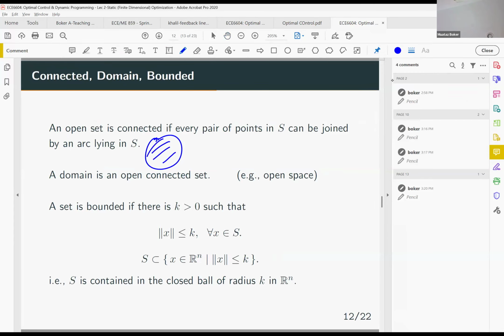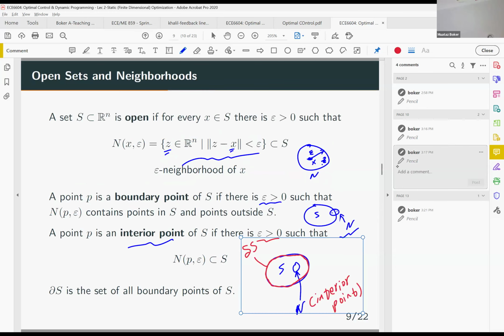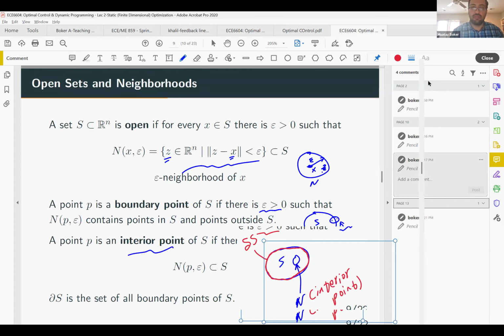Any point can be connected to any other point. If we have a donut, this is a connected set. We can connect any point by an arc. Also, if you have this shape, this is also connected. So a connected set is a set where each two points can be connected.